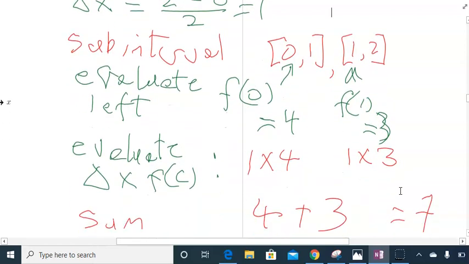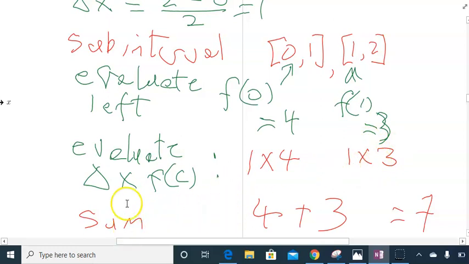Now we want to find the area of each rectangle, which is delta x times f of c, which is the base times the height. So the base is 1 and the height is 4, so that's 1 times 4, which is equal to 4. And for the second rectangle, the base is 1, the height is 3, so that's 1 times 3, so the area will be equal to 3.